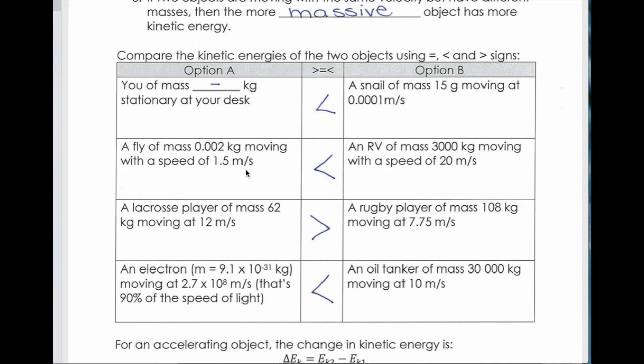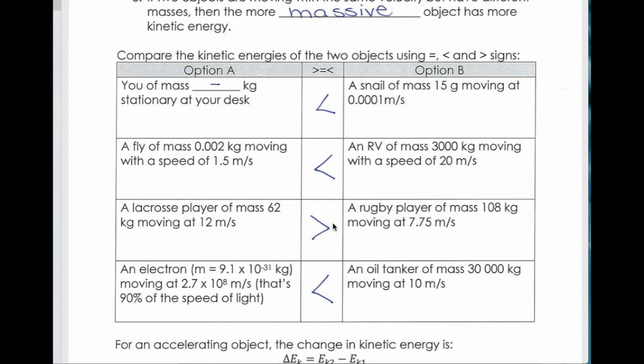If we're looking at these two, we have a fly with a very small mass moving at 1.5 meters per second, and then we have an RV with a very large mass moving with a velocity of 20 meters per second. The RV has a greater mass and a greater velocity, so it's going to have a greater kinetic energy.